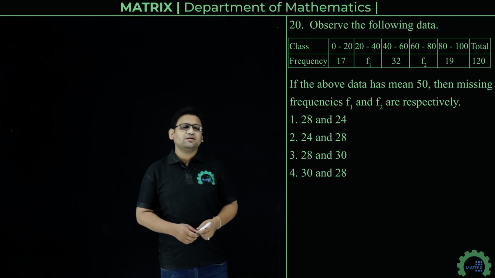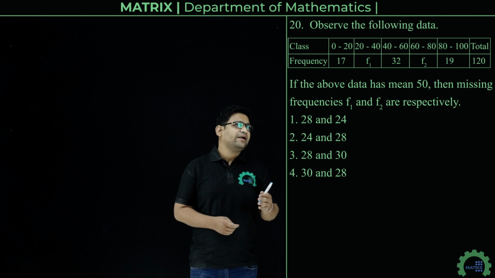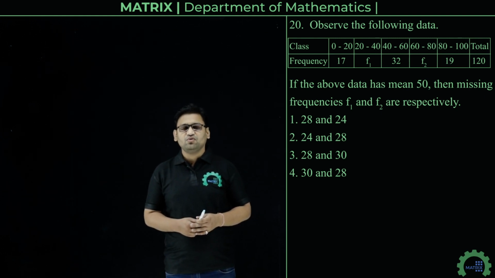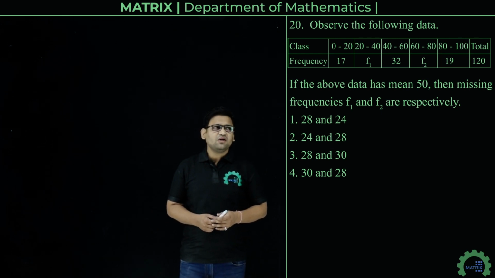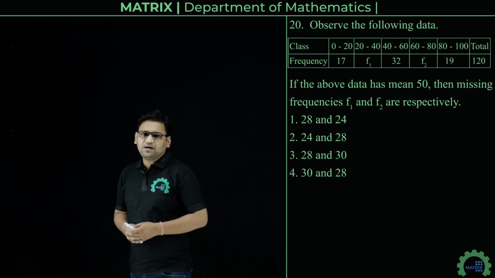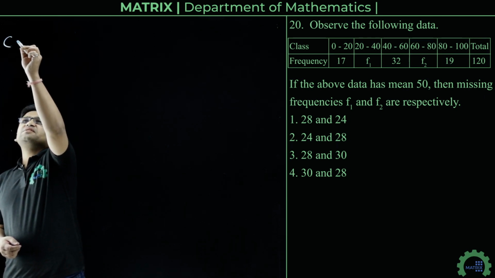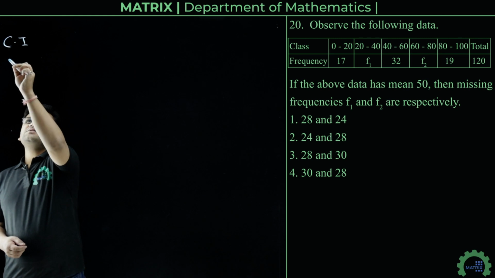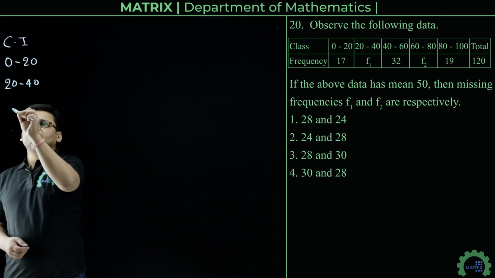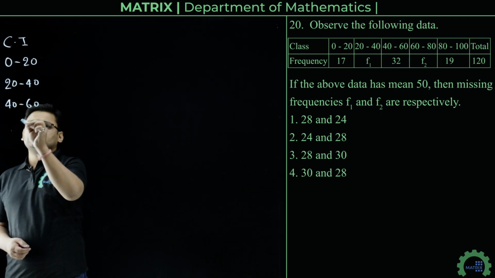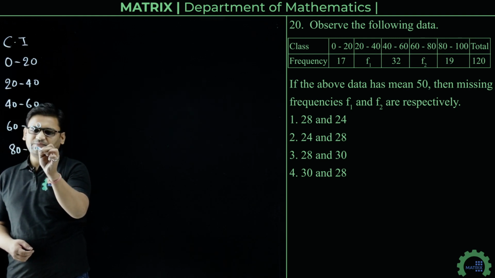In the next question, we have given information in the form of a data, and we need to find the unknown frequencies f1 and f2, where the sum of the frequencies is given as 120. So first of all, what we will do, we will make table for frequency distribution. So this information is given, that is class interval, that is 0 to 20, 20 to 40, then 40 to 60, 60 to 80, and at last 80 to 100.